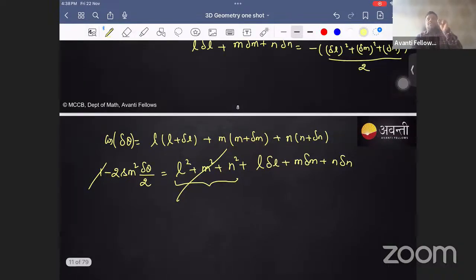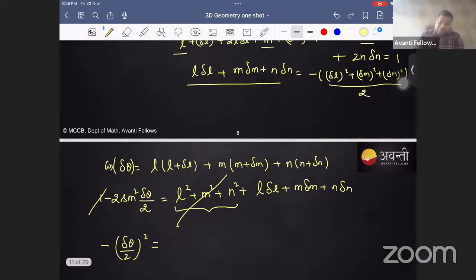Now they have mentioned in the question two adjacent positions. Means when the positions are very close to each other, this delta theta is almost 0. And if delta theta is close to 0, this sine delta theta by 2 will come out as delta theta by 2. So delta theta by 2 whole square is, now this L delta L plus M delta M plus N delta N can be substituted from here.